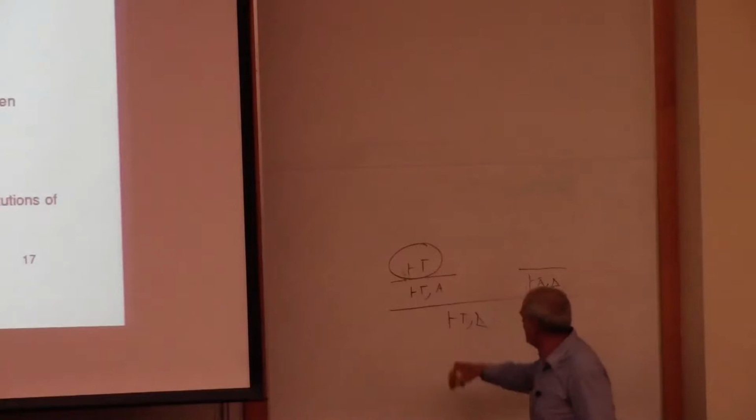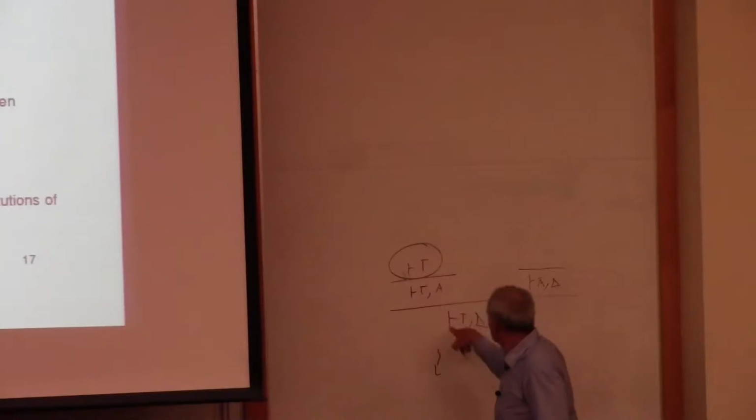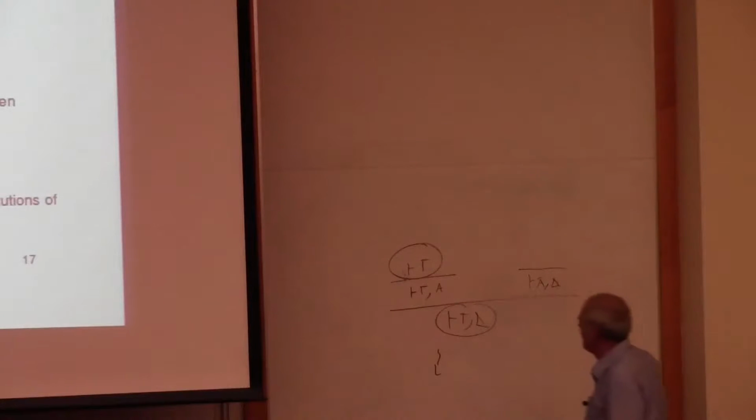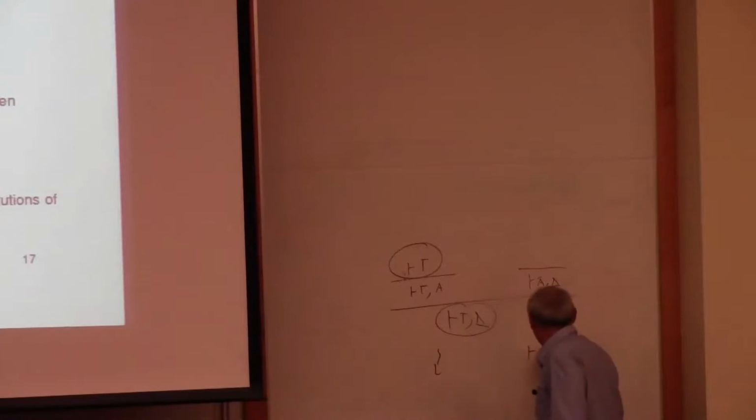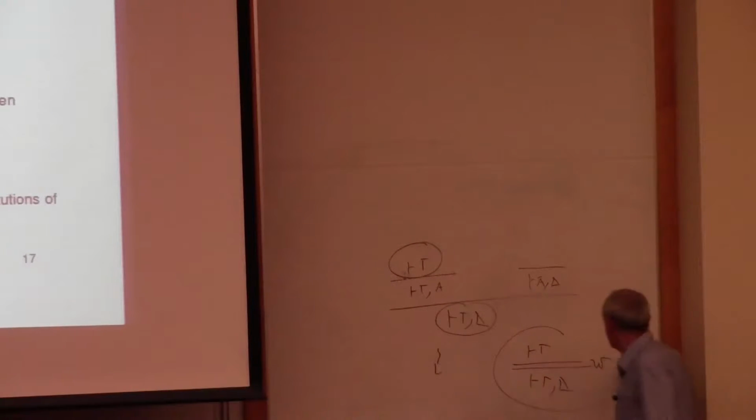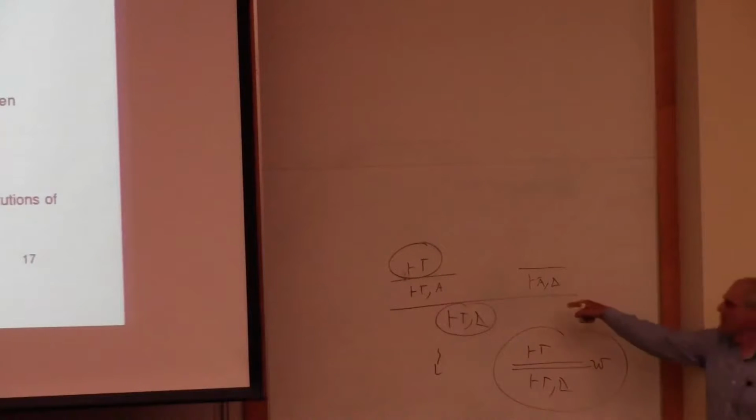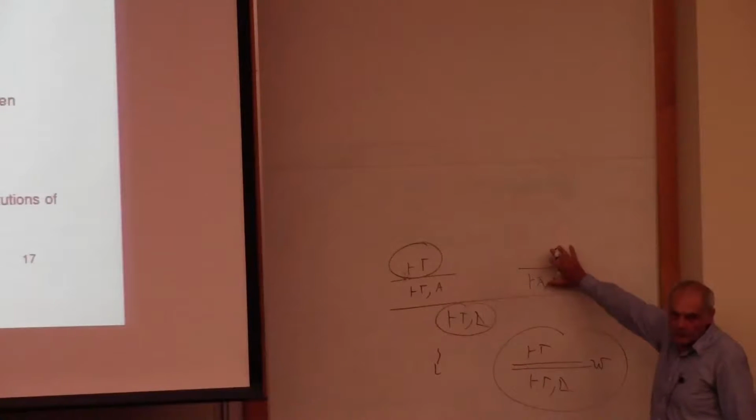But I have a very simple way to reach the conclusion gamma delta, which is just to apply repeated weakening from gamma. So that's how you eliminate this cut. You essentially forget this proof.